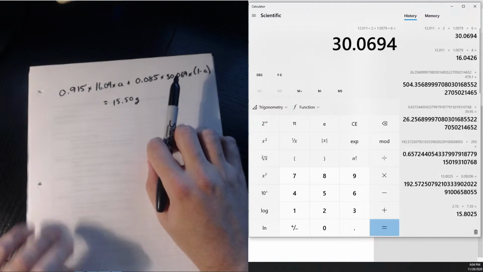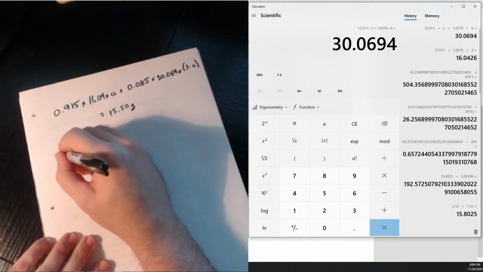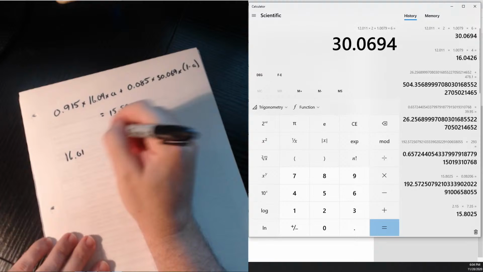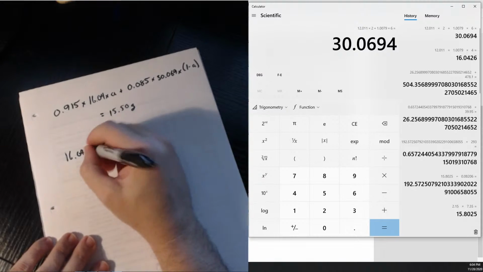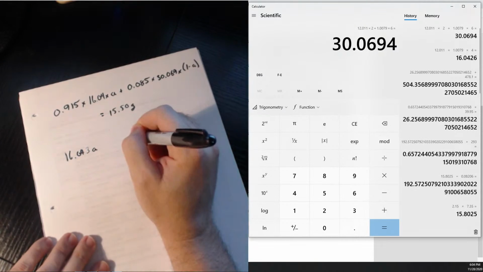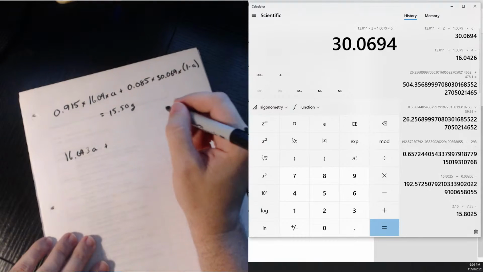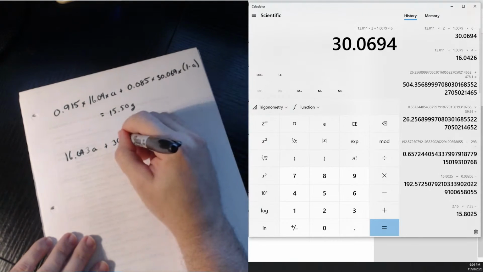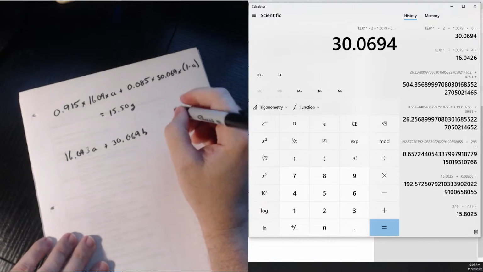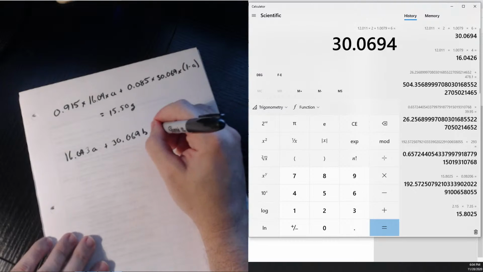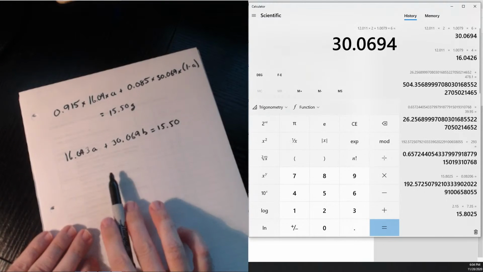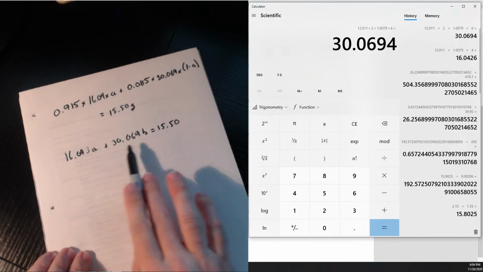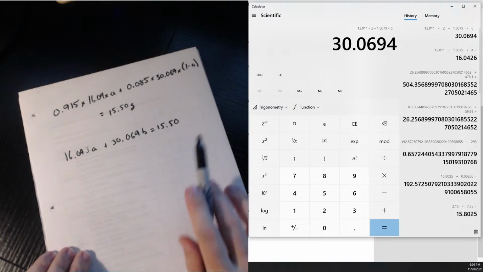I am really having trouble working my way through this one. All right. Okay, so this one I'm confident of. Molar mass times moles of methane plus molar mass times moles of ethane is going to be 15.5.